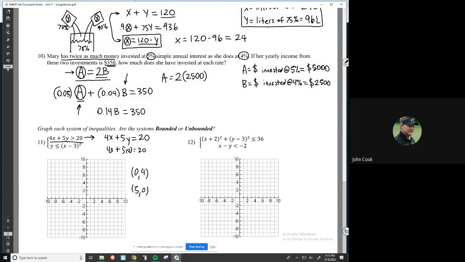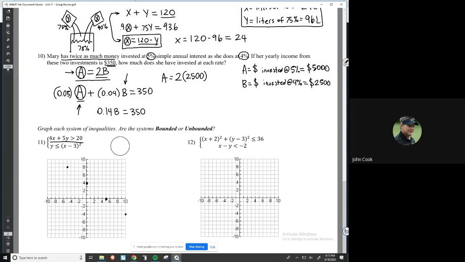So if I graph those two coordinates, 5, 0, and 0, 4, that gives me my slope, down 4 over 5, so negative 4/5. 1, 2, 3, 4, 1, 2, 3, 4, 5. So here's my line.